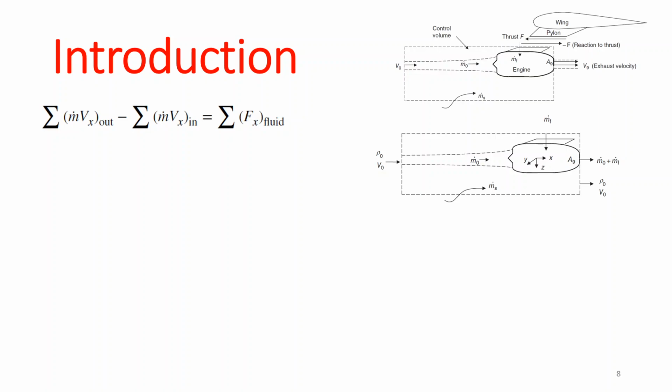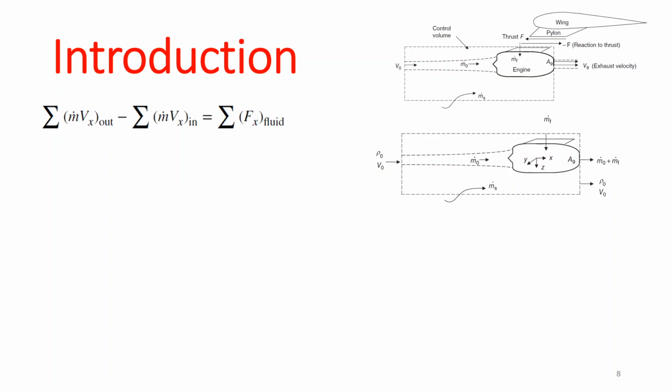So m dot out, what is the m dot out? That's m dot naught plus m dot f, right, times the velocity plus what? Okay. Can you repeat what you said? So essentially at the outlet we have two different sections.